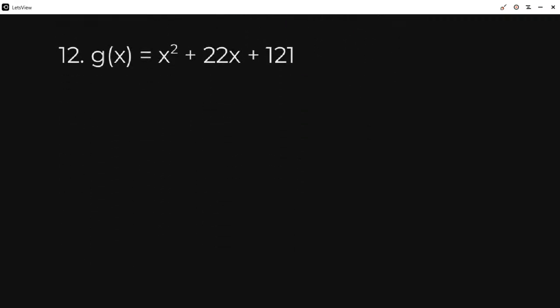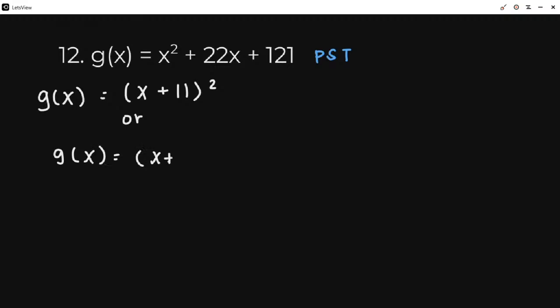Okay, next one. We have g of x equals x squared plus 22x plus 121. This is a perfect square trinomial, so this will factor into x plus 11 squared. Or you could also write it as g of x equals x plus 11 times x plus 11. Either one is fine.